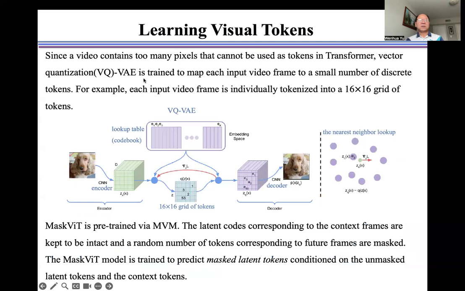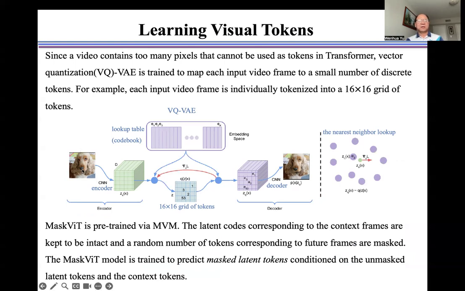Since a video contains too many pixels that cannot be used as tokens in a transformer, a vector quantization variational autoencoder is trained to map each input video frame to a small number of discrete tokens.